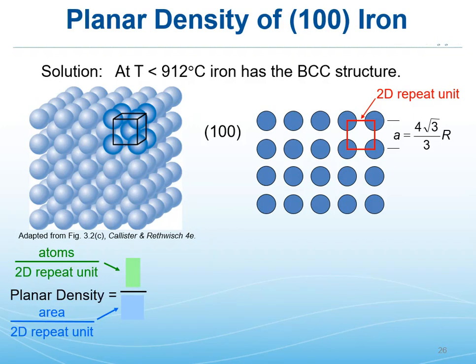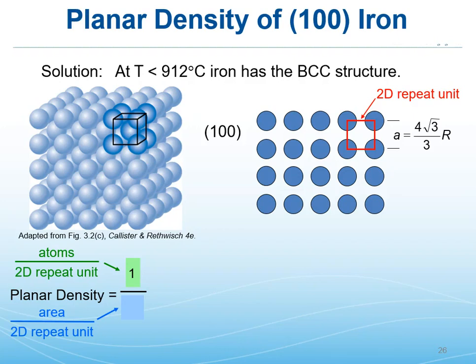And so the rule here is the number of atoms per 2D repeat unit, which in this case is 1. In the case of linear density, we counted the number of full diameters that we intersect with a vector in the noted direction. With atomic packing factor, we counted effectively the total spheres that the unit cell intersected for a given crystal structure.